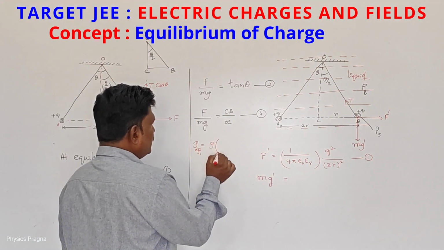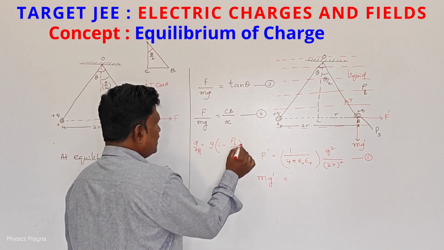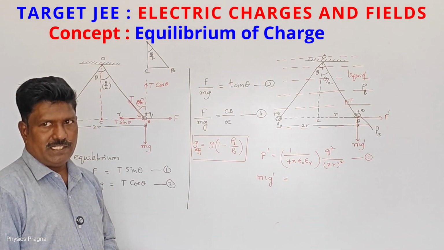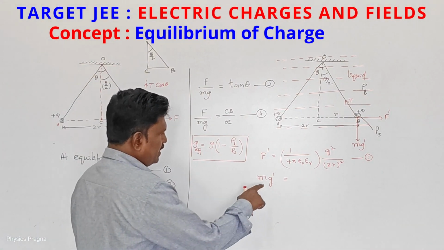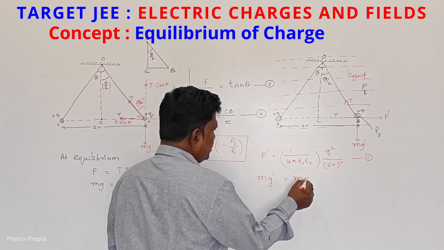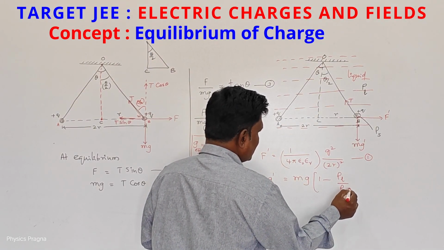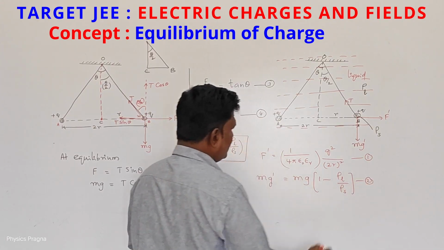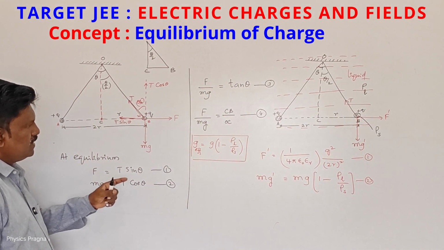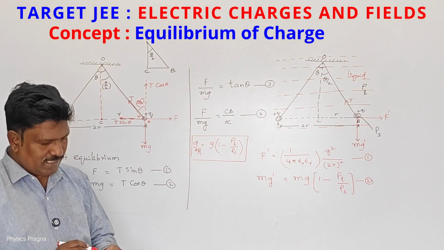Don't forget g into 1 minus density of liquid by density of solid. This is the effective g when any solid is submerged in a liquid. So here in place of g we will get m g into 1 minus rho L by rho S. Like this, these two formulae will change F by mg. So here F dash, mg dash. Like this the equations will change.